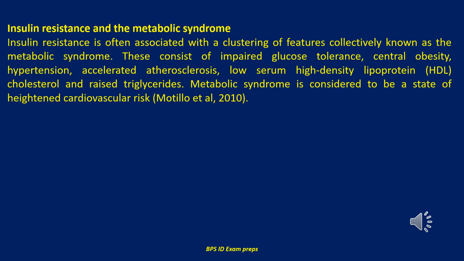These consist of impaired glucose tolerance, central obesity, hypertension, accelerated atherosclerosis, low serum high-density lipoprotein, abbreviated as HDL cholesterol, and raised triglycerides. Metabolic syndrome is considered to be a state of heightened cardiovascular risk.